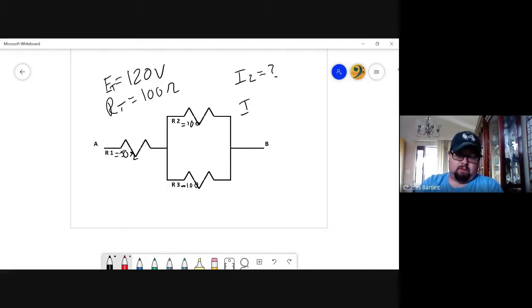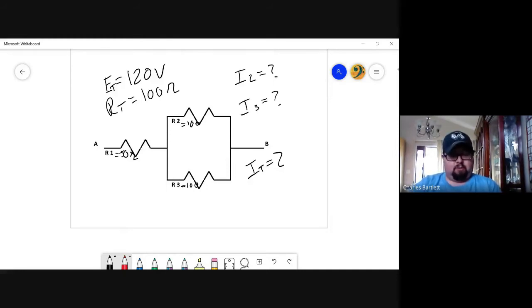It may ask us, what is I3? And most often it'll ask us, what is I total? Okay. And we can actually find all these answers because we have enough information to do so.